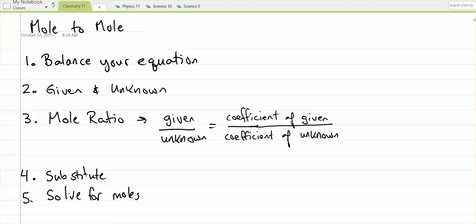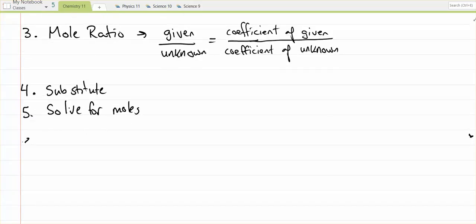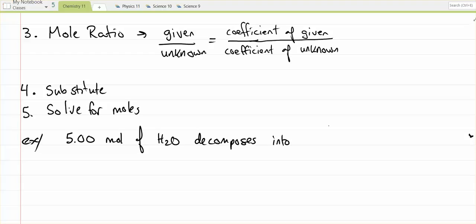So let's go on and take a look at how to do a problem. Let's suppose that 5.00 moles of H2O decomposes into O2 and H2.